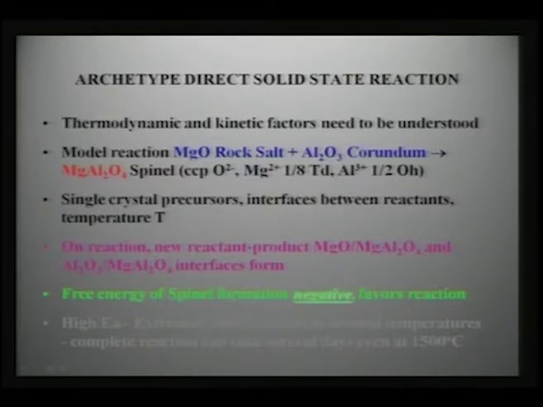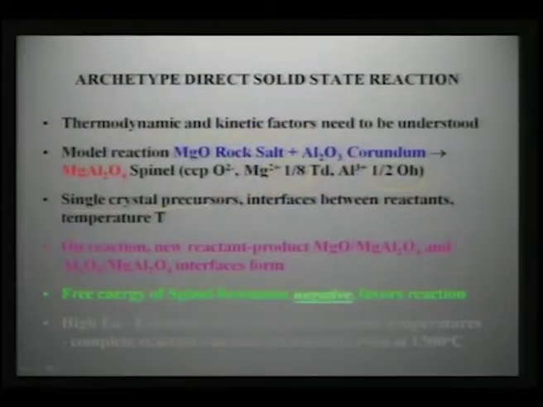Number 1 is thermodynamic and kinetic factors are to be understood, how they can limit this formation. Number 2, we should know the site occupancy, and if you know the site occupancy, then we will also know whether the ionic size is suitable for such a solid state reaction to happen.